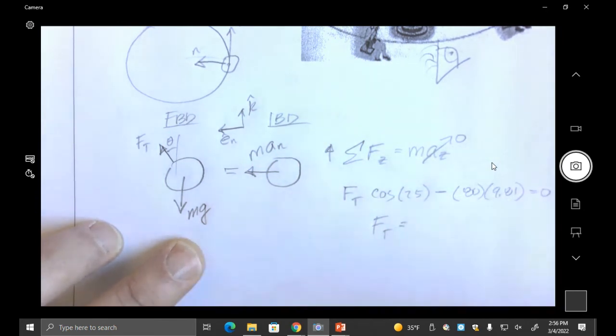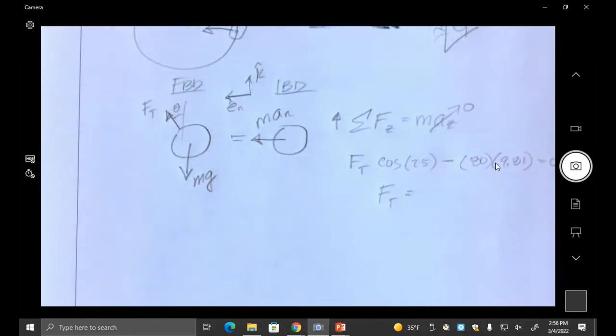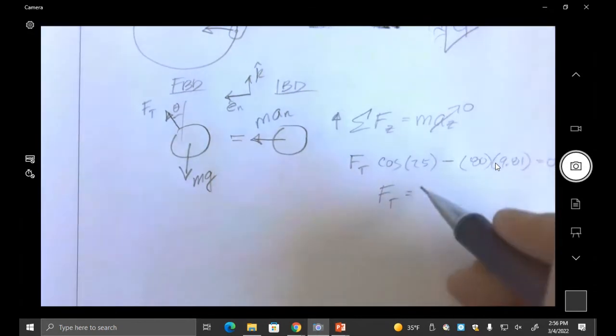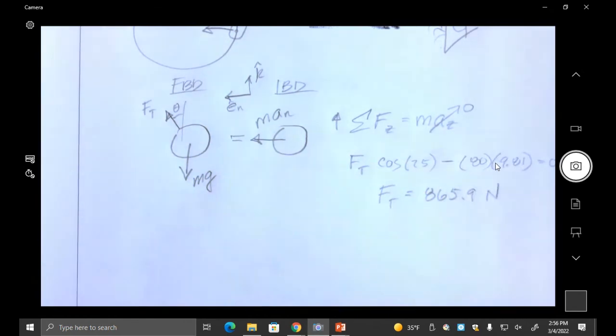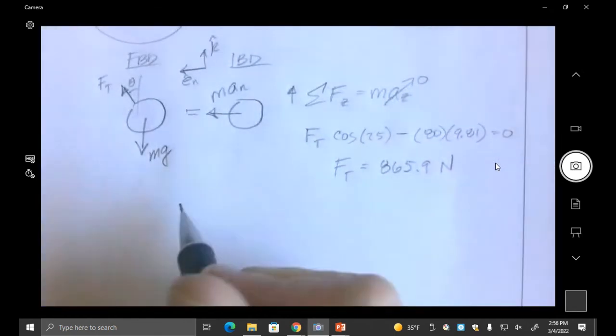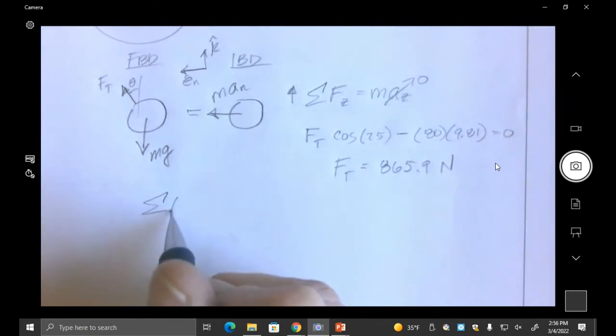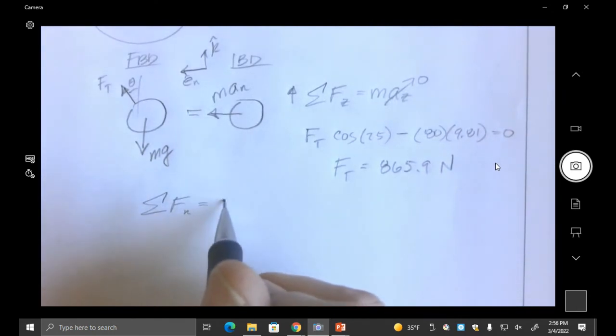So the tension is going to be 80 times 9.81 divided by the cosine of 25, or 865.9 newtons.